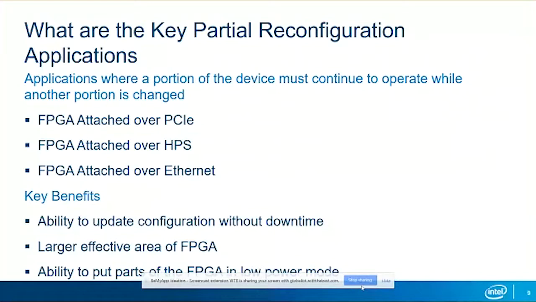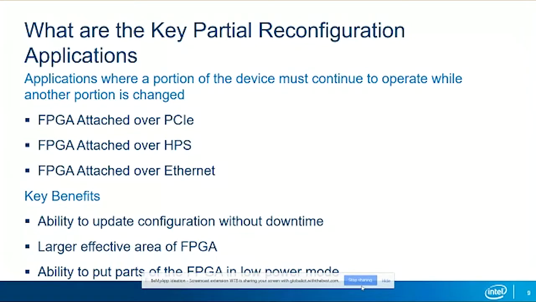So in the case of Arria 10 and Stratix 10 devices, we have processor subsystems in the device. They're ARM-based. For Arria 10, it's A9. For Stratix 10, it's the A53 processor. And you can use the FPGA is often used where it acts as an accelerator to these processors. And similarly, you can communicate with the FPGA over Ethernet.